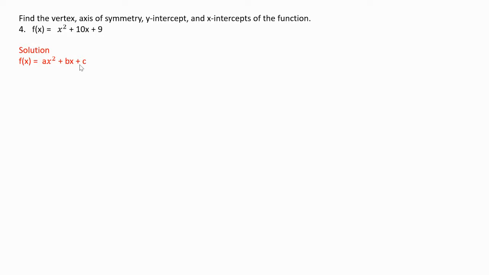You should know certain things. For example, you should know what the y-intercept is. And for the vertex, there's a formula. This is how you find the vertex. This is how you find the axis of symmetry. Once you find the vertex, the x part of the vertex is my axis of symmetry, but you have to put x equals because it's a line. The axis is the line of symmetry.